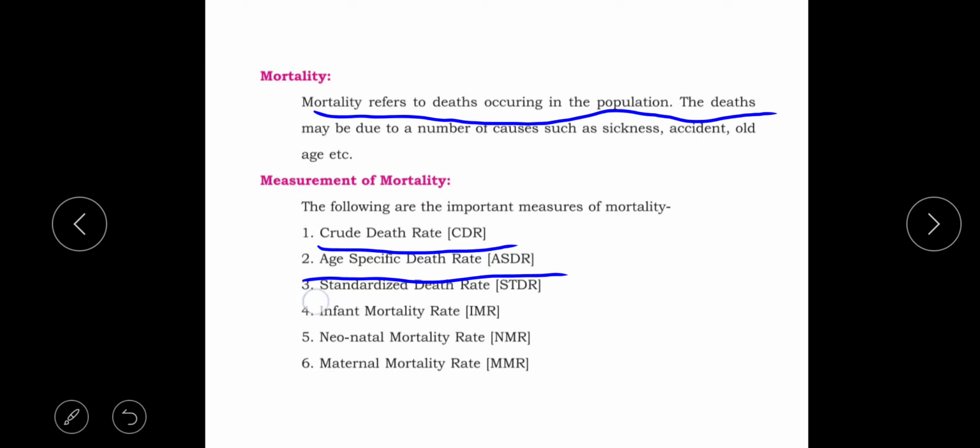And next, the standardized death rate. It is the same as TFR, the total fertility rate, but here we consider a separate population as a standard population. So it is called the standardized death rate. It is used to compare with other locations. Next, the infant mortality rate. It studies the death of babies within 1 year. Next, the neonatal mortality rate.